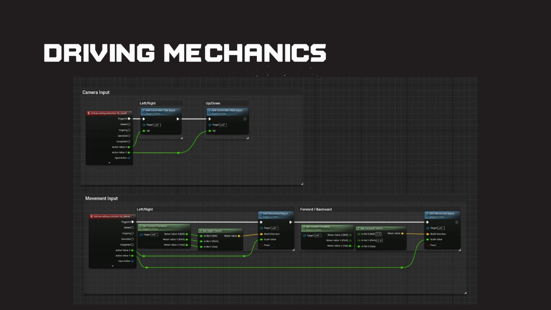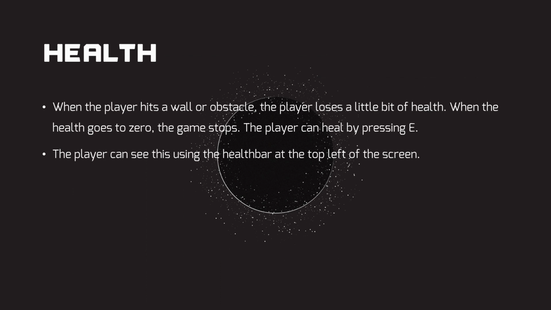The movement input, I actually changed a little bit to include the pitch here, but I'm not sure if that even registered. Yeah, so basically in the settings of the project I just changed the hotkeys for moving forward, moving backward, etc. And next, let's go to health.